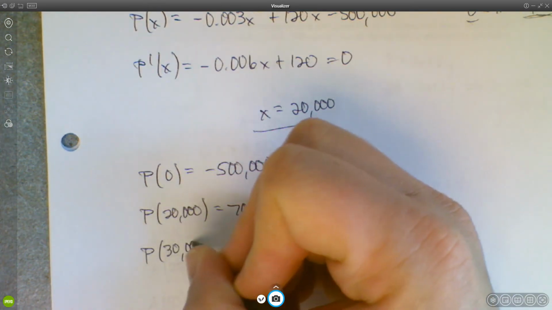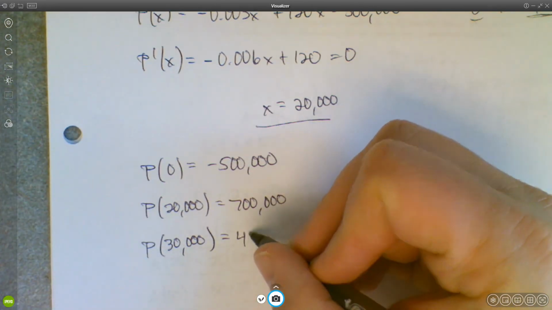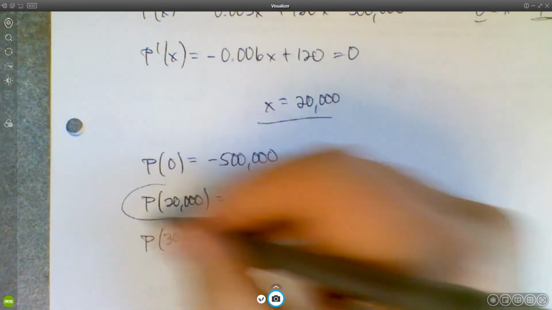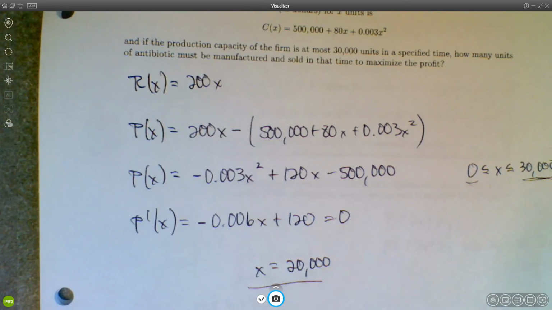And then finally, what if you produce 30,000 units? Then your profit is $400,000. Okay, so there's the winner, right? So what was the question we were supposed to answer? How many units must be manufactured and sold to maximize the profit?